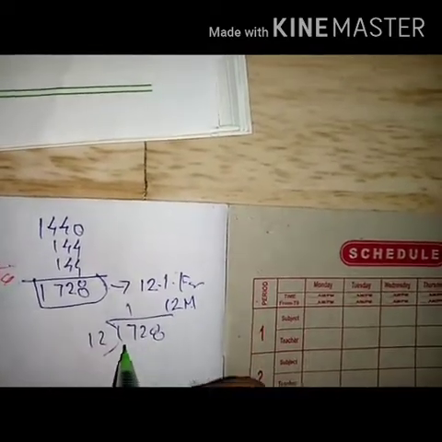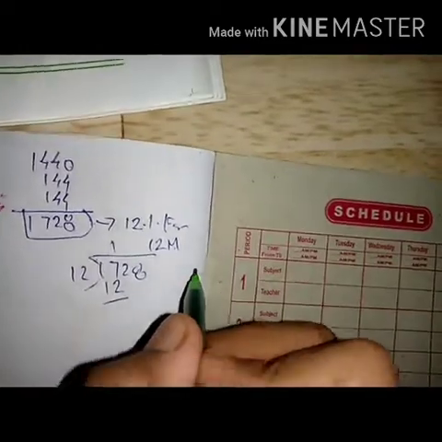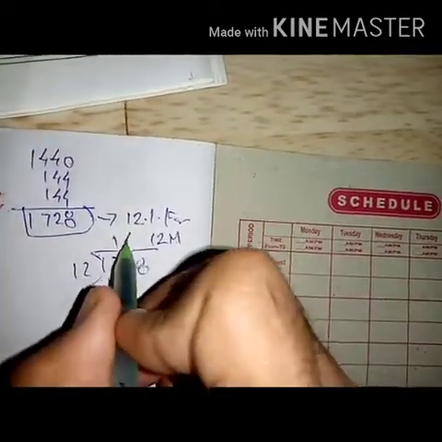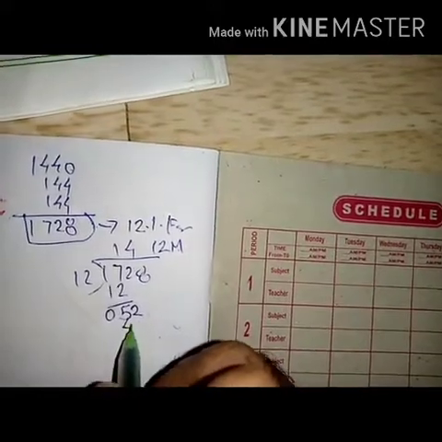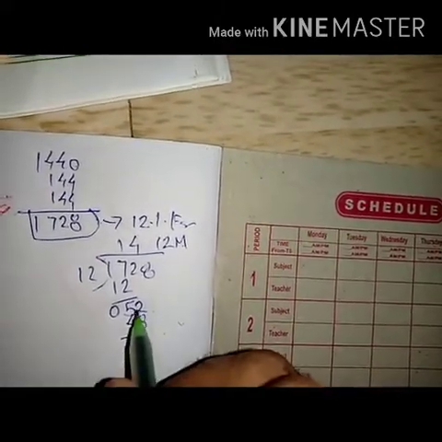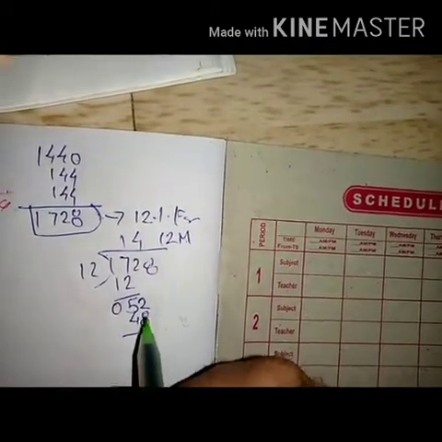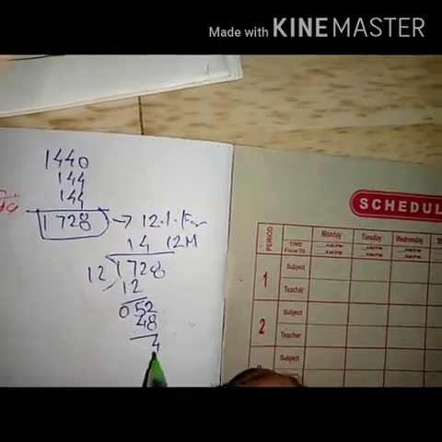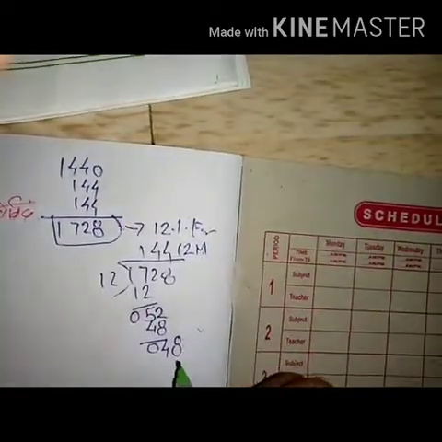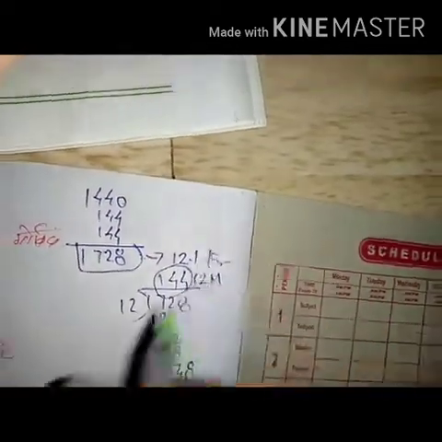So 12 ones are 12, 0, 5, 2, 12 fours are 48. Now 12 minus 8, answer will be 40. Now 12 fours are 48. So answer will be 144.